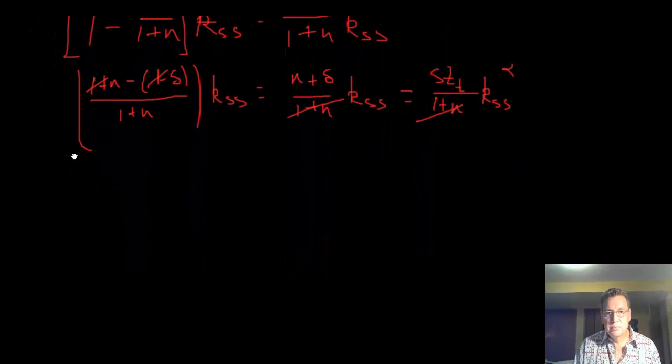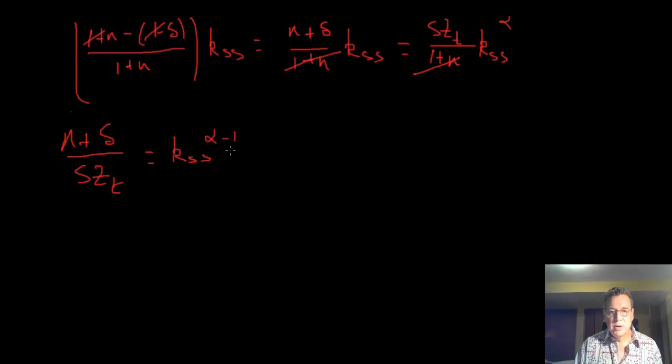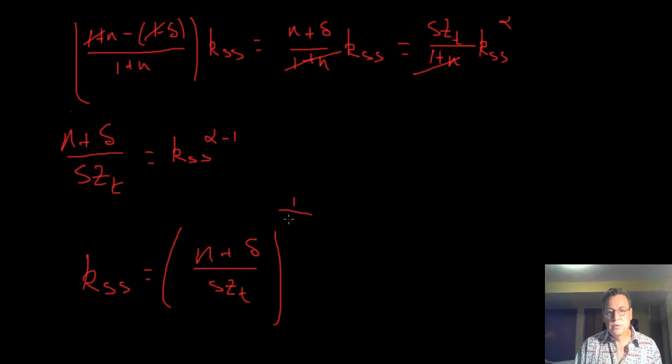And what we get then is n plus delta over s z_t equals k_ss to the alpha minus 1. Divide through, you get k_ss is equal to n plus delta over s z_t raised to the 1 over alpha minus 1.